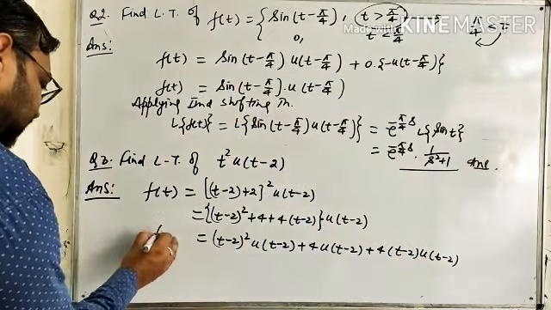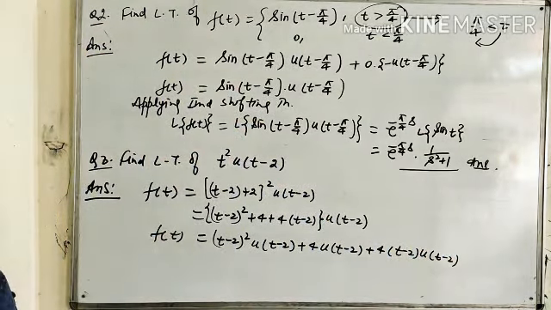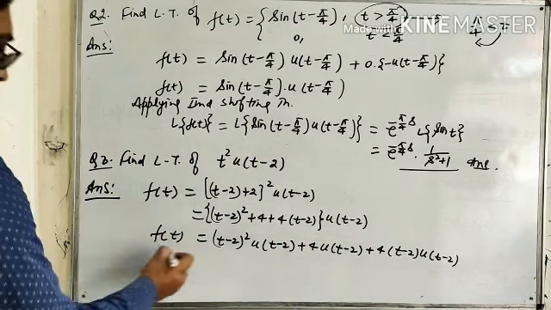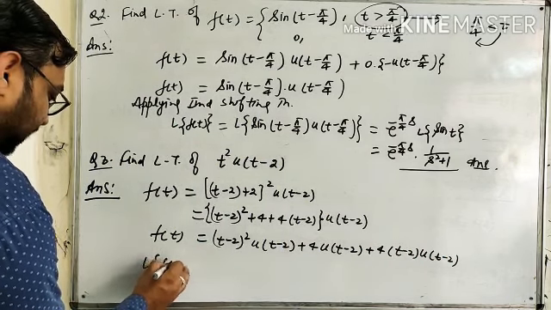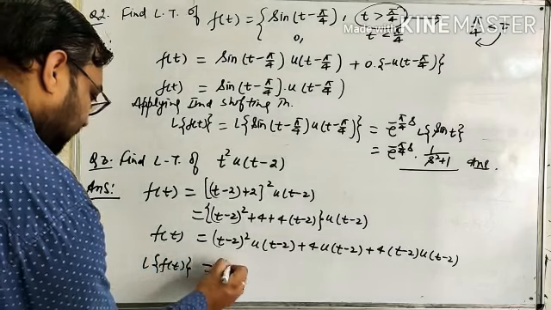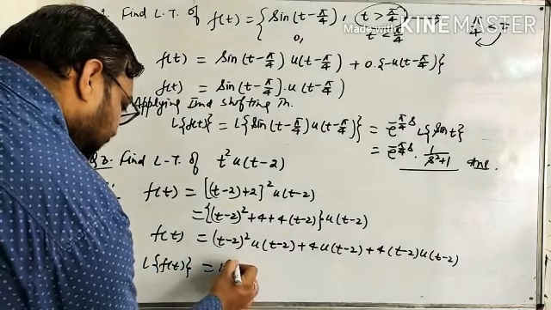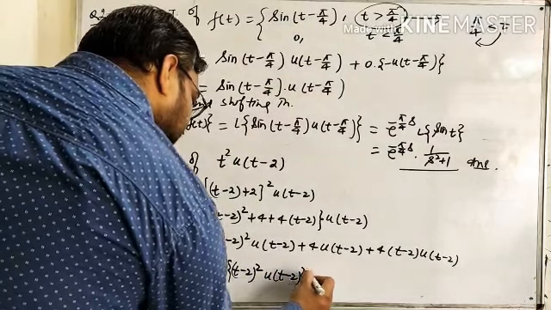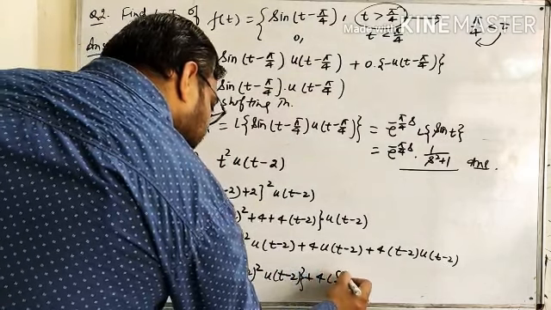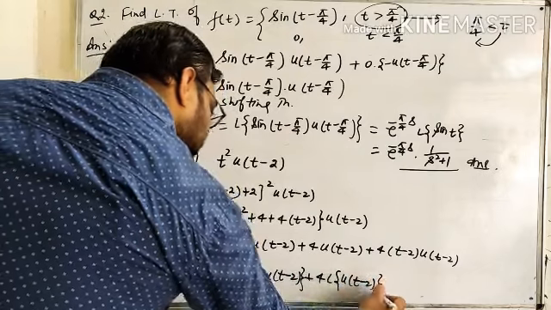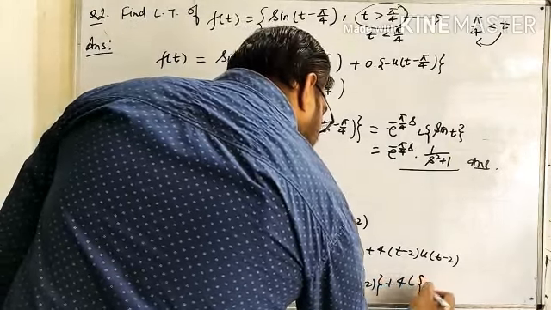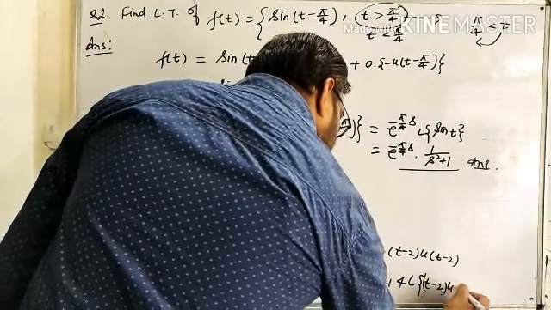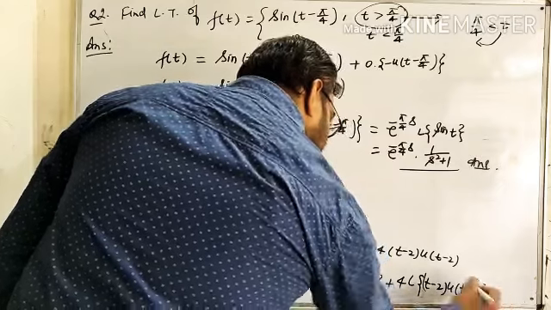Now this is in the appropriate form, so we can apply the second shifting theorem. The Laplace of f(t) is equal to the Laplace of (t minus 2) square u(t minus 2) plus 4 times the Laplace of u(t minus 2) plus 4 times the Laplace of (t minus 2) u(t minus 2).